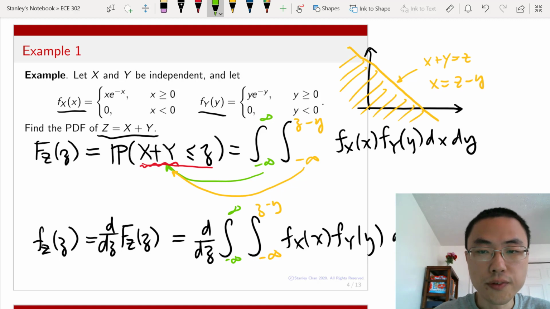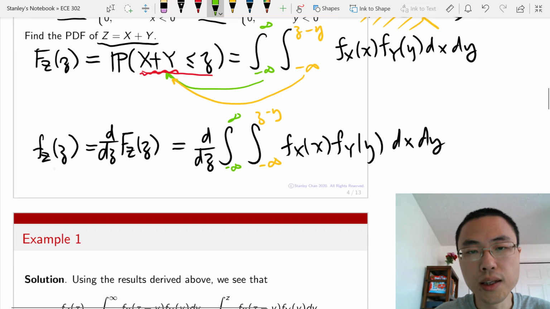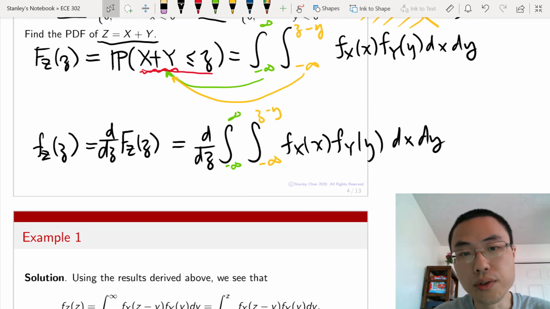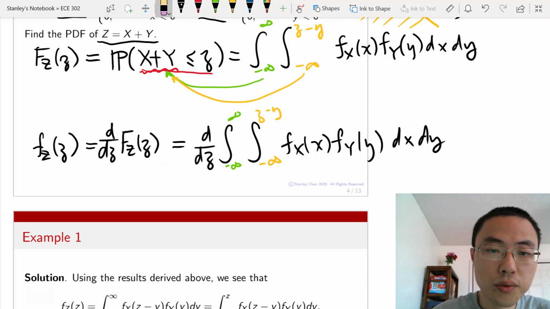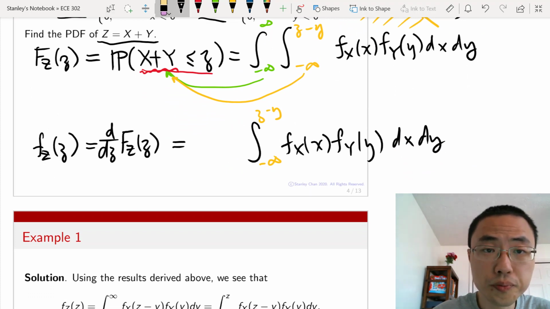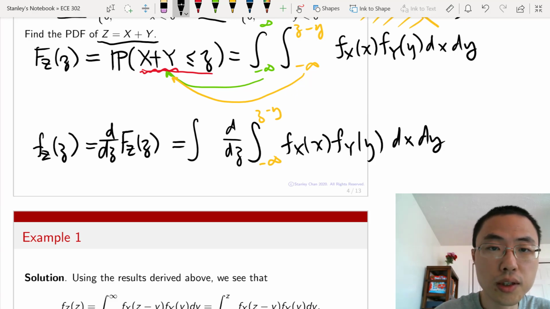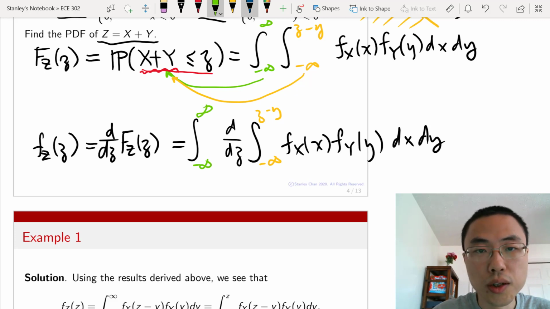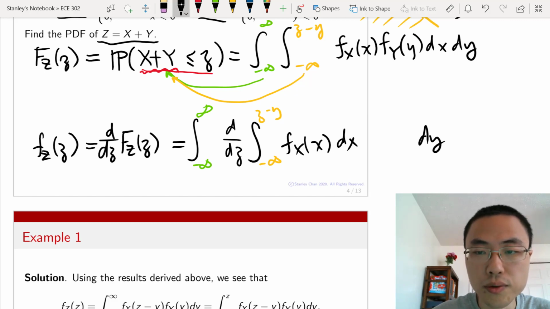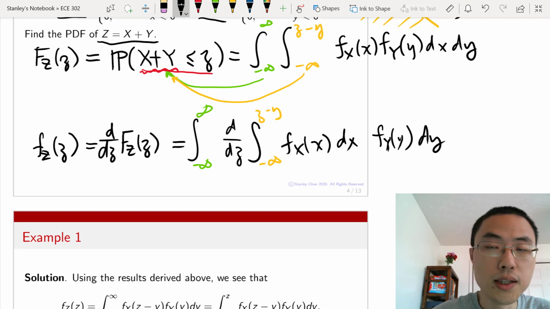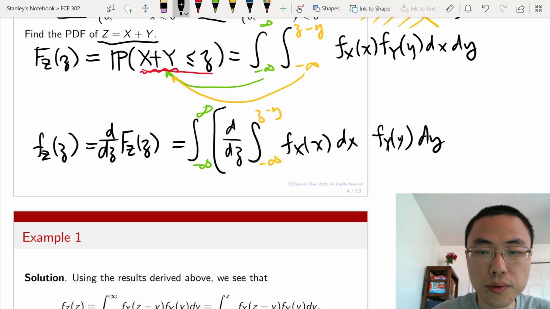Here the d/dz has to interact with the integration, and we can switch the order between these two. We can also pull fy of y outside the inner integration.